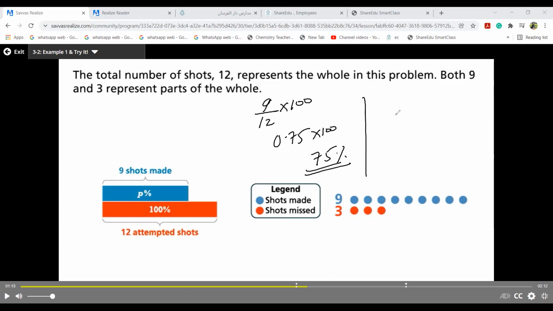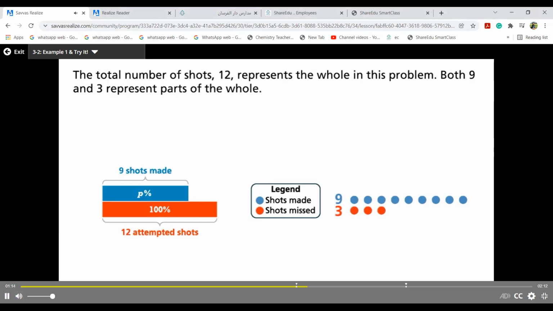How many did I miss? How will I check that? 3 over 12 again, over 100. How much is 3 over 12? I think 0.25. That means 25%. Did you understand? Okay. So this is how we will do this chapter.